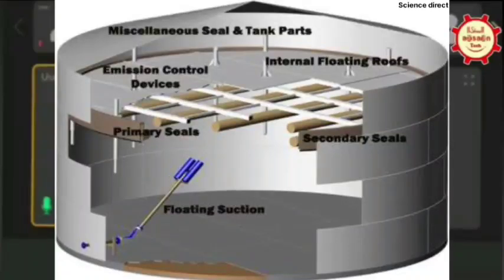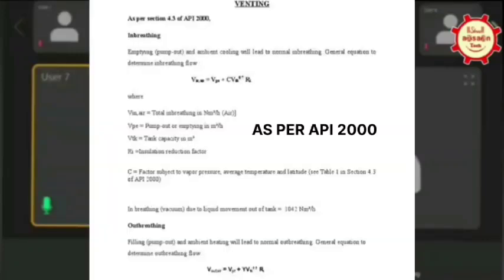Then in the shell design, we need to consider the frictional effect. Yeah, in shell design normally we consider the vent, meaning the inflow and outflow calculation. As per API 2000, there are some calculations for inflow and outflow of these gases or liquid. When you are lowering the float, there is an outflow of the liquid but inflow of gases.